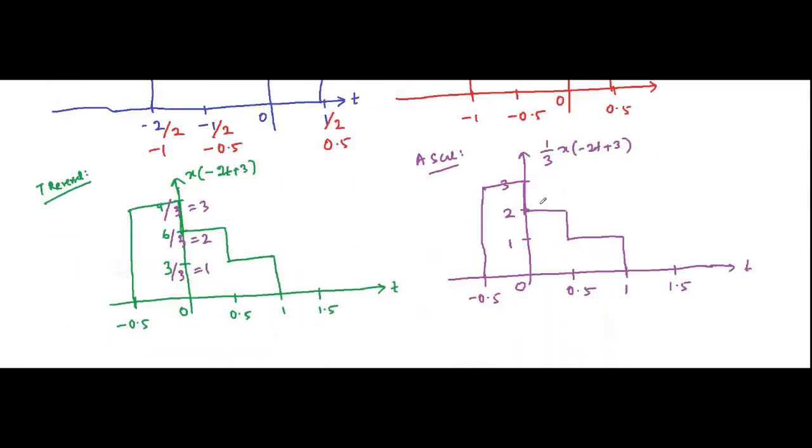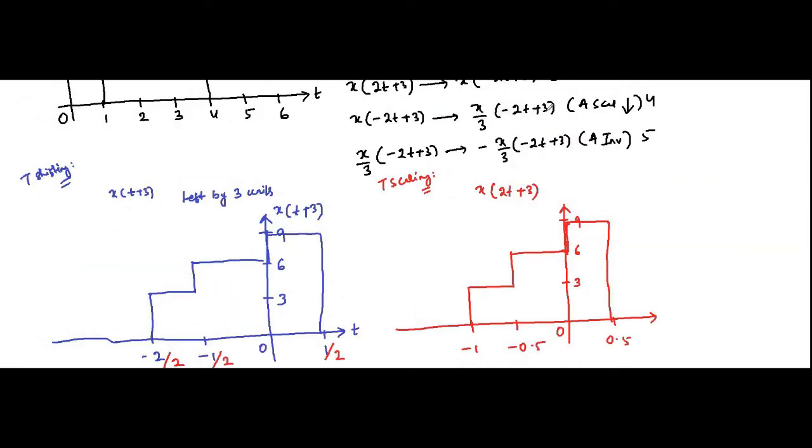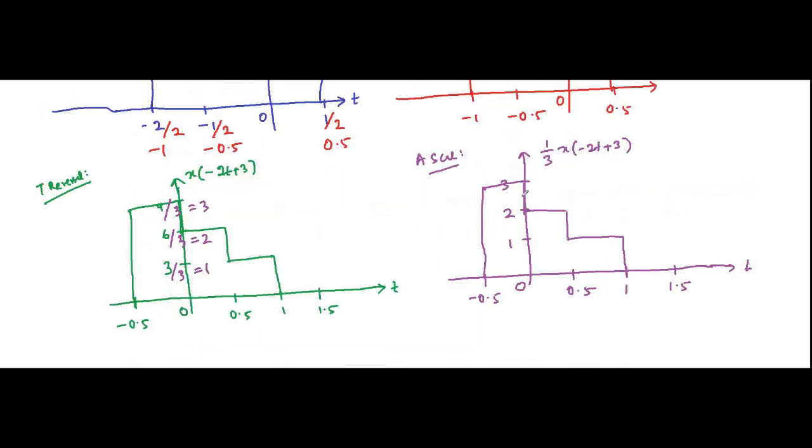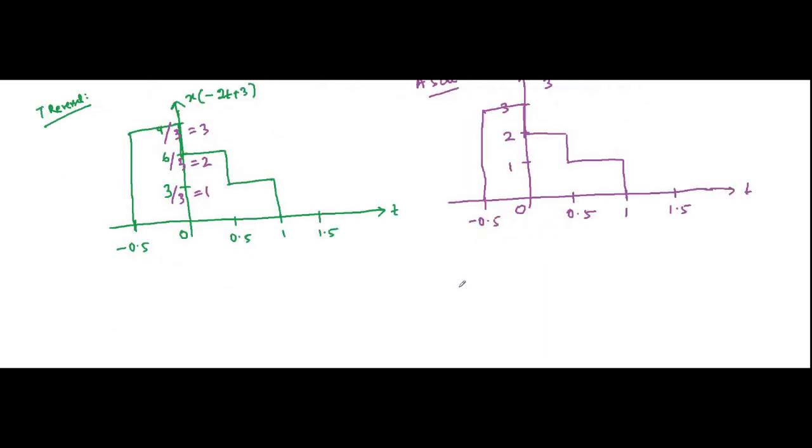Then after amplitude scaling, we have amplitude inversion. It is nothing but the mirror image of this amplitude scaled signal along the negative amplitude axis, imagining as if a mirror is placed along the time axis. So it will be like this.